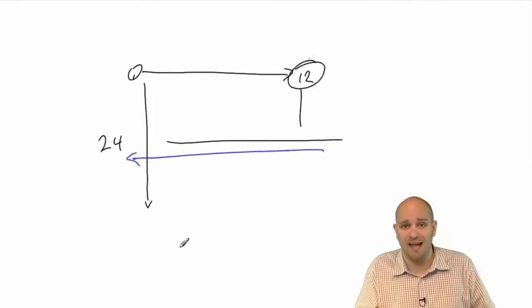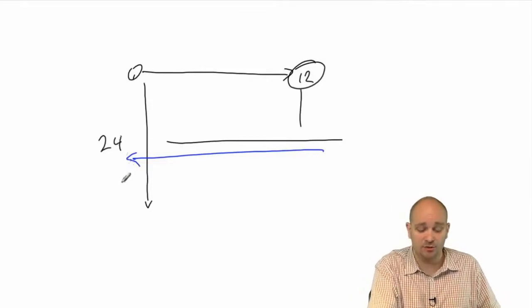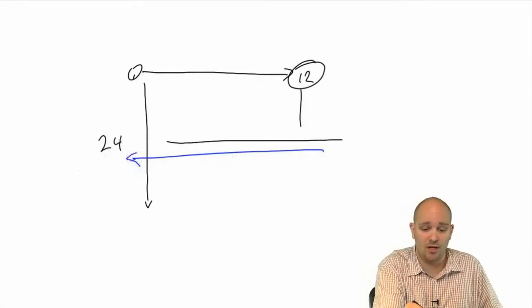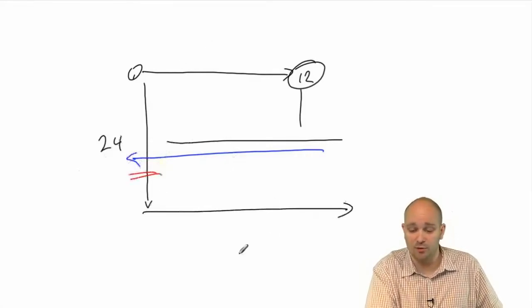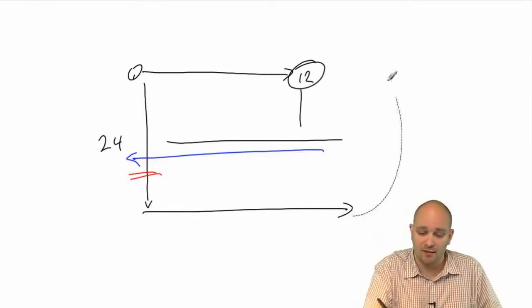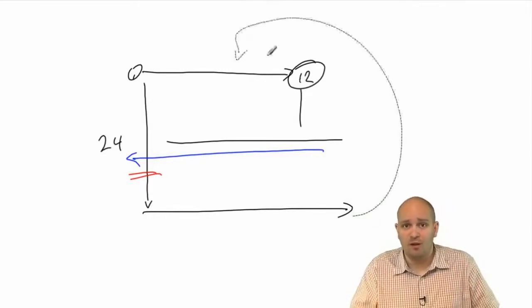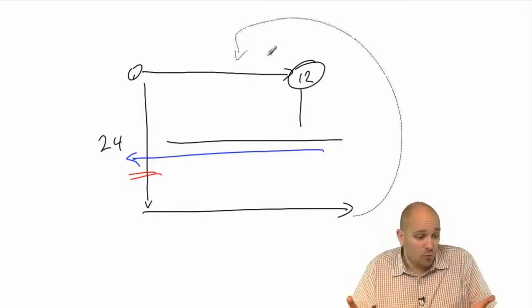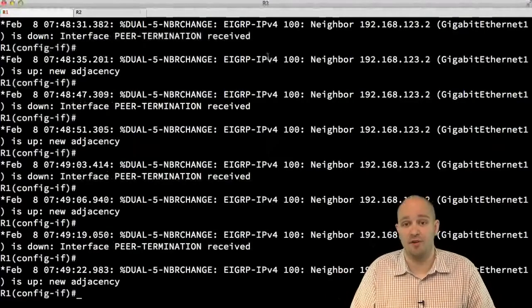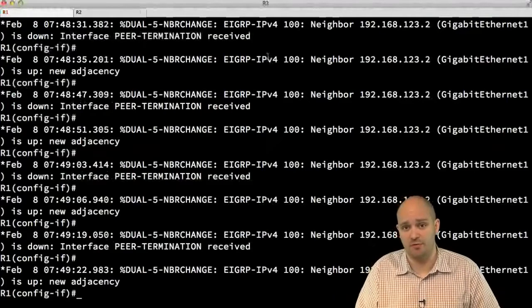Your hold timer has expired. And R1 now says, oh, okay, so we need to terminate our relationship, so the relationship terminates here. But you know what? I'm going to send you another hello saying, hi, I'm here. And the neighborship reestablishes itself, and this repeats forever and ever.